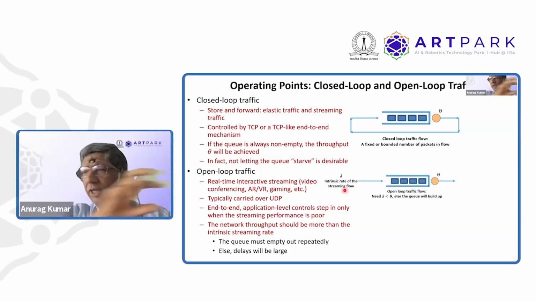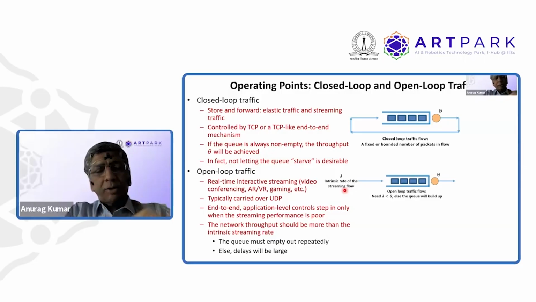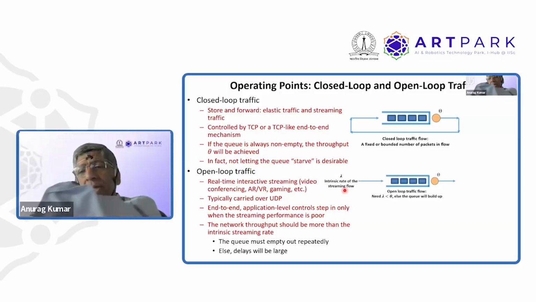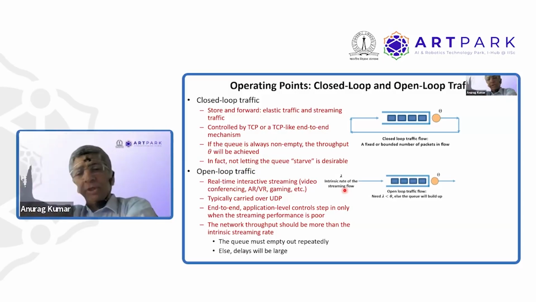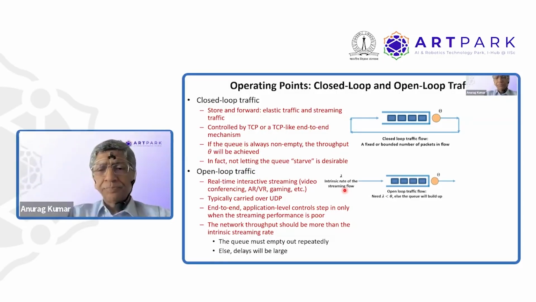So let's assume we really want to do well for this data which is moving one way, and there is no opportunity for controlling the source. Real-time interactive streaming like video conferencing, AR, VR, they typically go over UDP. There is no control at the protocol level.